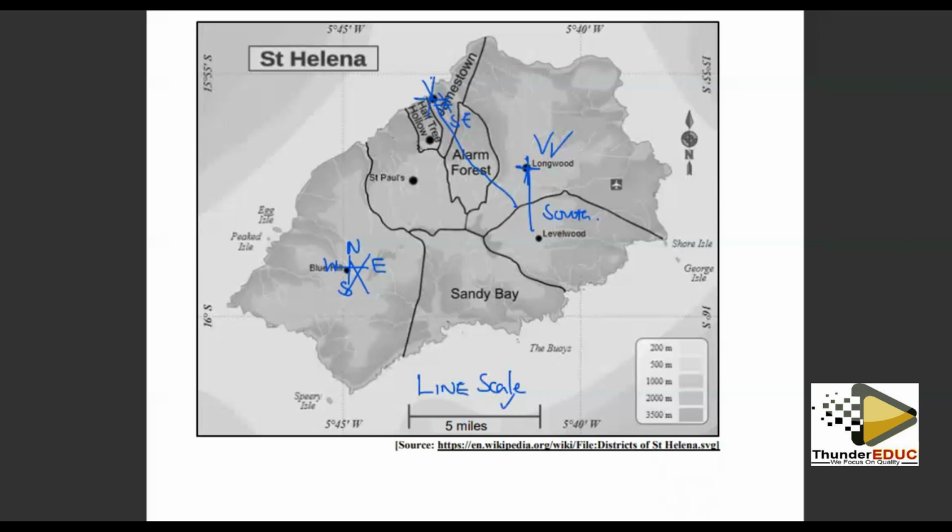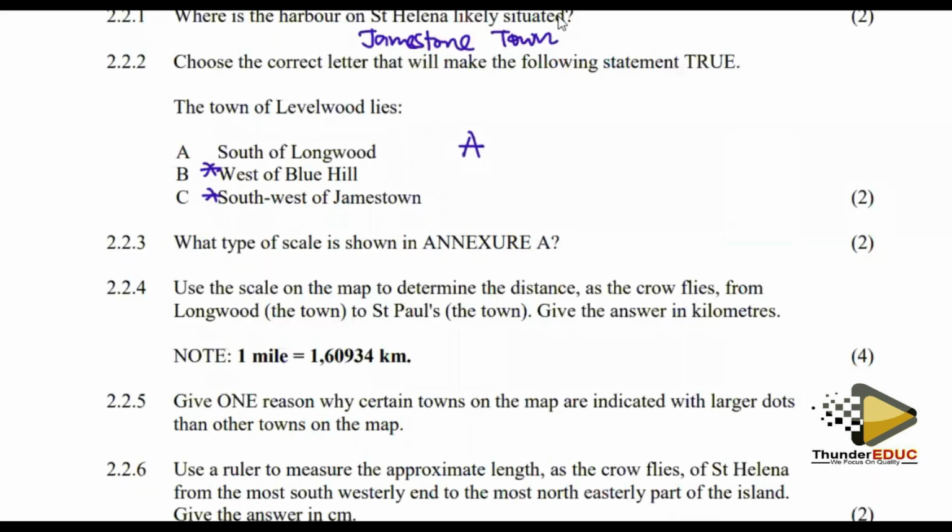others would call it a bar scale, but a bar scale would be complete with the bars. You understand what I'm trying to say? Okay, let's go there and you see. So this is supposed to be a line scale. You saw how it looked.